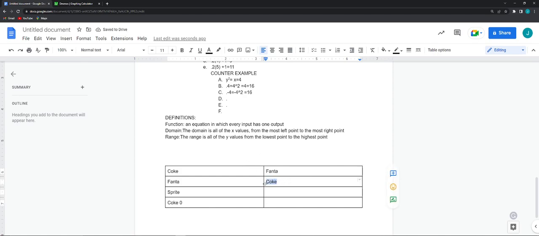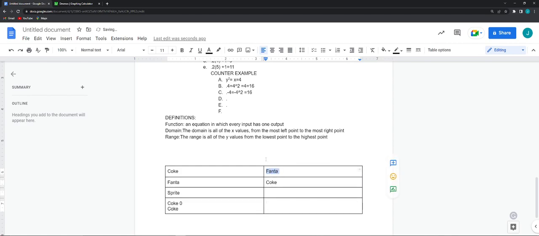But one thing that isn't a function is if we go and we have them all normal. Coke, Fanta, Sprite.